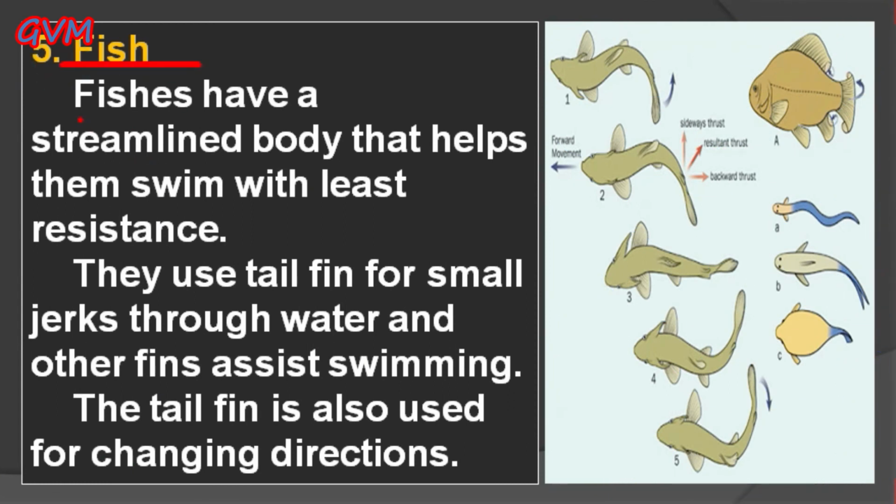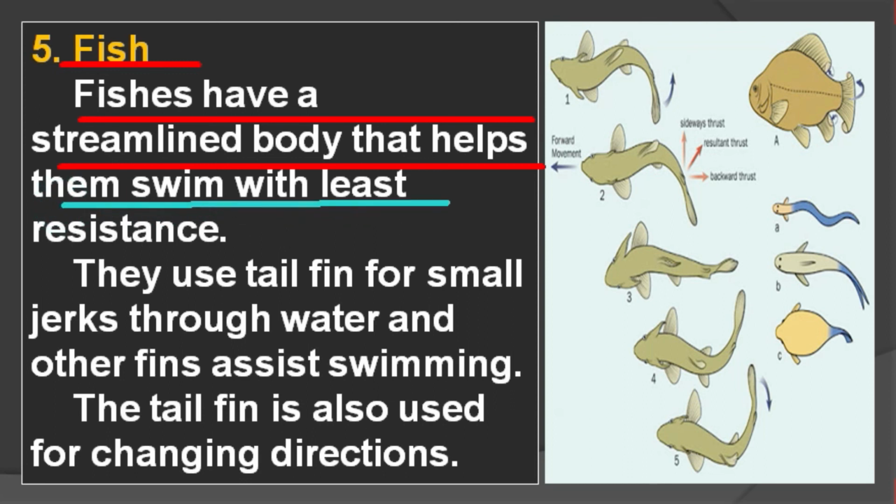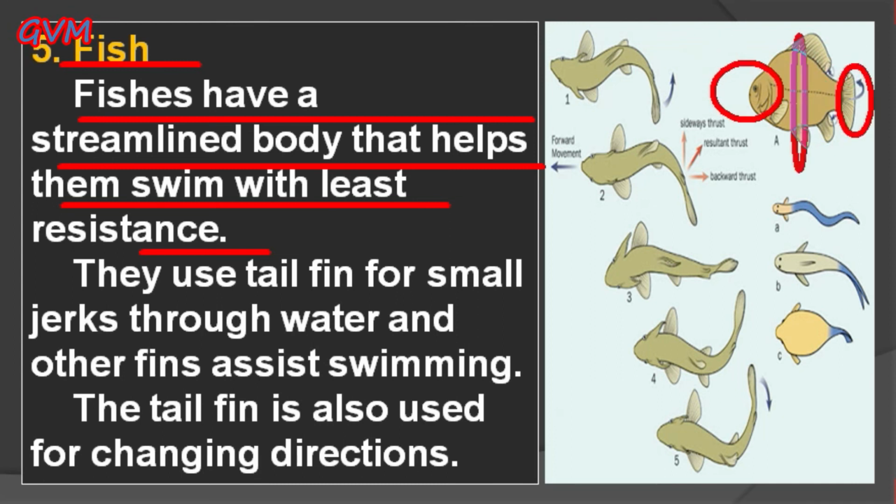Now the next one is fish. Students, as you all know, fishes have a streamlined body that helps them to swim with least resistance. Now students, do you know what is the meaning of a streamlined body? Students, streamlined body means narrow from both ends and wider from the middle. And students, due to this streamlined body, they can easily swim with least resistance in water.